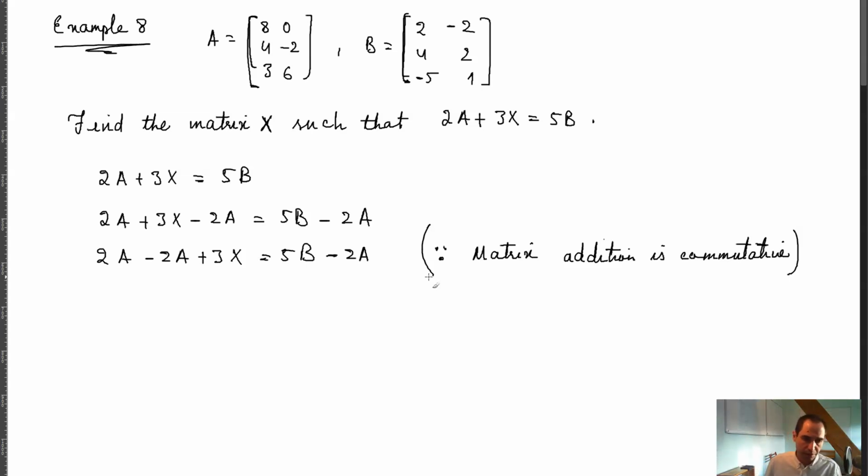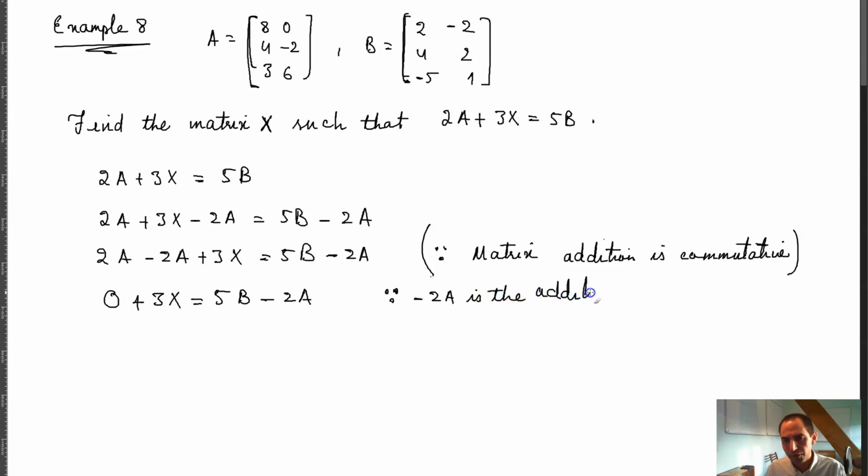Of course you know that negative 2A is the additive inverse of 2A, and so when you add them together, you will get the zero matrix, which is denoted by O. So O plus 3X is equal to 5B minus 2A, because negative 2A is the additive inverse of 2A.